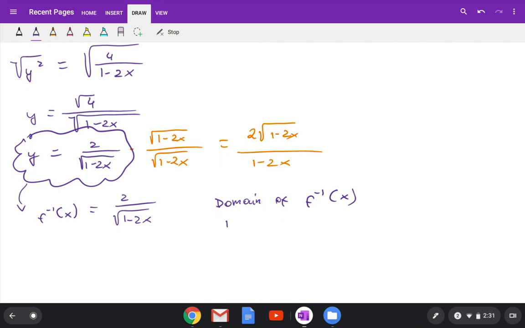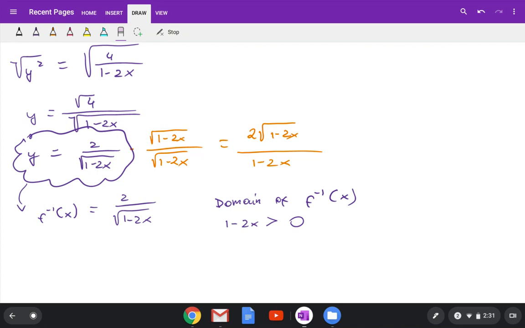So what do you know about the expression under a square root? That it's greater than or equal to 0. However, since that square root is in the denominator, it can't be equal to 0, because then we're doing illegal algebra, we're dividing by 0. So just give the condition that 1 minus 2x is greater than 0.